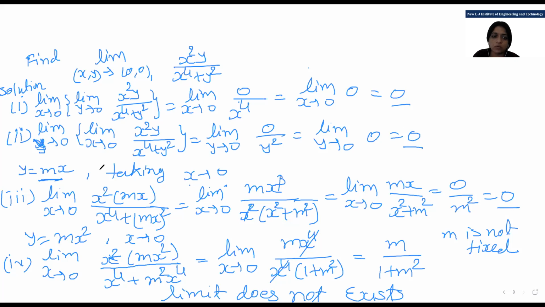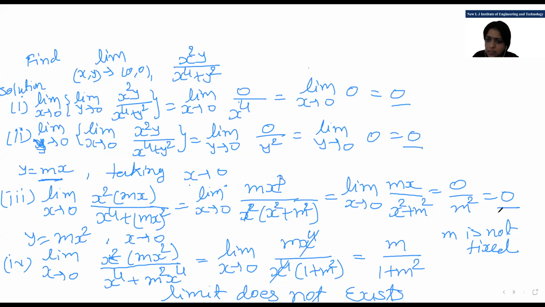Now we'll move with the next path. Mahir, listen carefully. When we substitute y is equal to mx, then I have m square x square. It means here the power of x is square and here the power of x is 4. So both are still different. So I move with another path, that is y is equal to mx square.